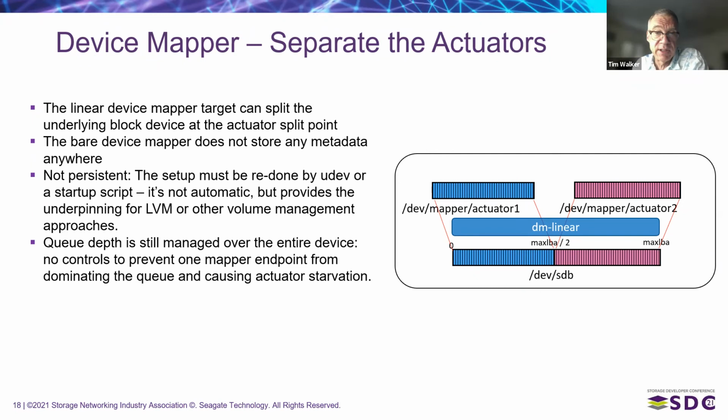If you apply a heavy workload to actuator 1, you can monopolize the queue and lock out actuator 2, because Linux does not control queue depth per mapper target, it controls it per device. Next slide, please.